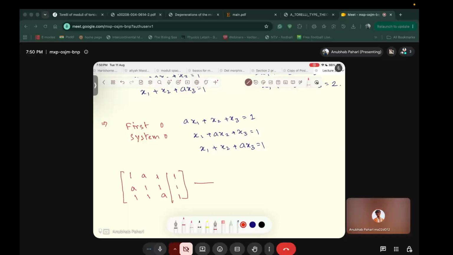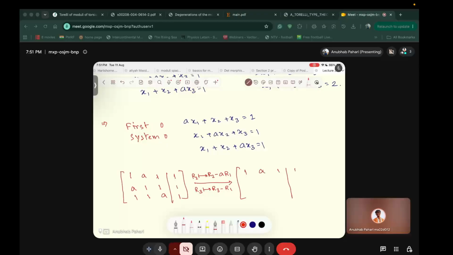So now we will apply the elementary row operations: R2 changed by R2 minus a R1, and R3 changed by R3 minus R1. So now the first row is fixed: 1, a, 1, 1.